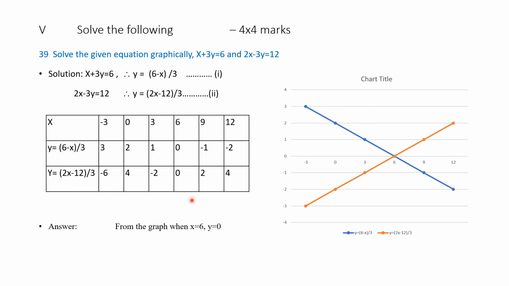And here then for the same values of x, that is x values minus 3, 0, 3, 6, 9 and 12, you plot the second graph, that is (2x minus 12) divided by 3. This is the graph. See, when x is equal to minus 3, here y is equal to minus 6.